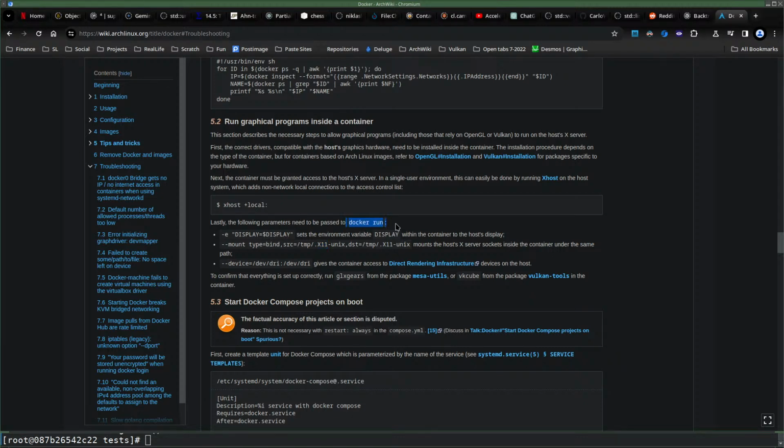Now to run Docker run again, and I lose everything. But yeah, well. Yeah, this is nonsense. Mount. This is probably necessary.